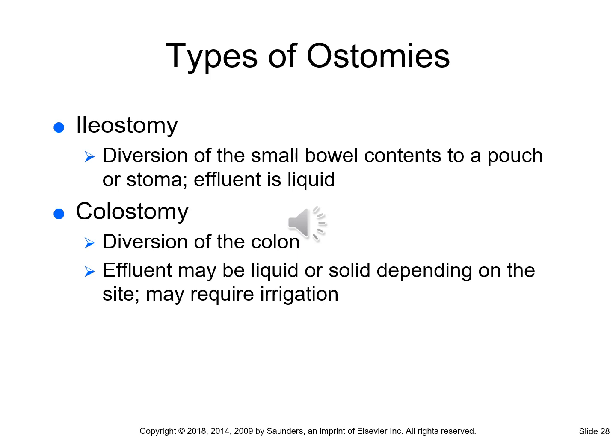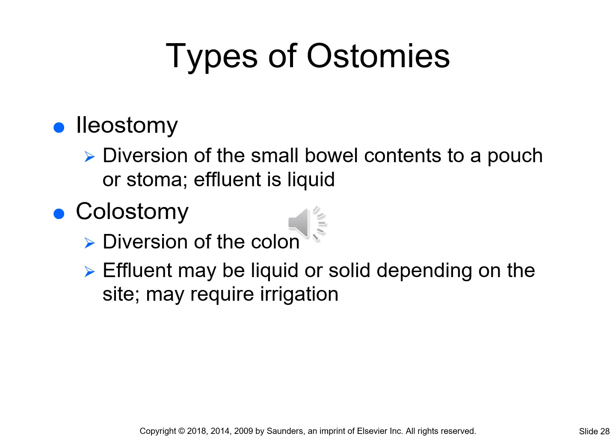A colostomy, you can have a colostomy in the ascending colon, the transverse colon, or the descending colon. And so depending on which area the colostomy is located will depend on what the stool looks like. If it's in the ascending colon, remember that stool has not gone through the colon yet for the fluid to be absorbed. And so that stool there is going to be very liquidy as well.